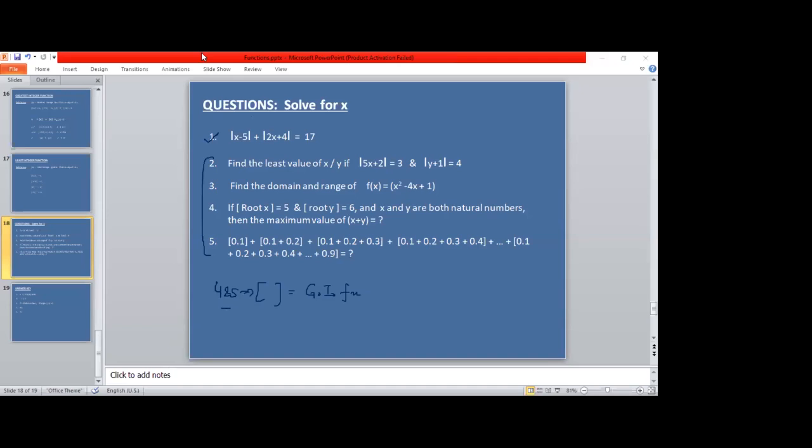Sir, in second question, if x is equal to 1 by 5 and y is equal to minus 1 by 5, that gives us minus 1 by 25. There are other values as well, right? Yeah, the other one is x is equal to minus 1 and y is equal to 3.